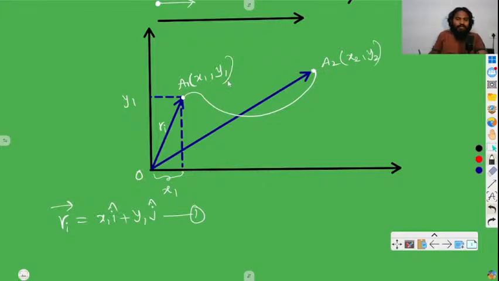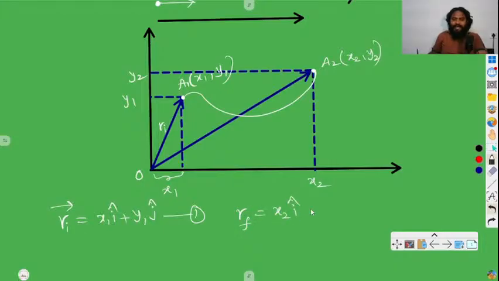You know very well x2 is nothing but the position of the particle on the x-axis, and y2 is nothing but the position of the particle on the y-axis. Clear? So I can write the final position vector as x2 i cap plus y2 j cap, right?